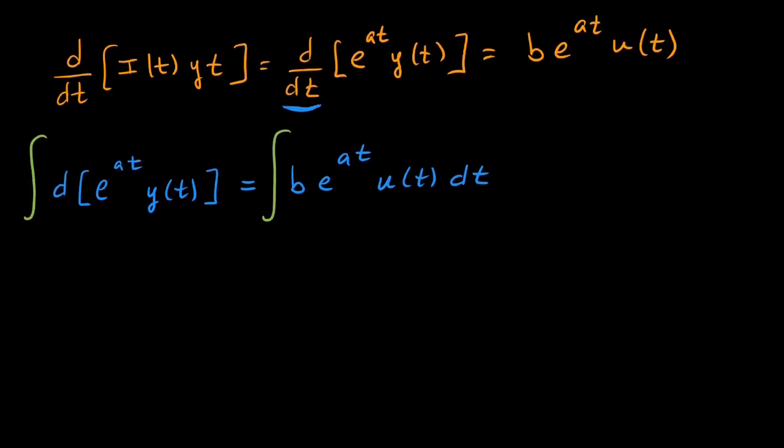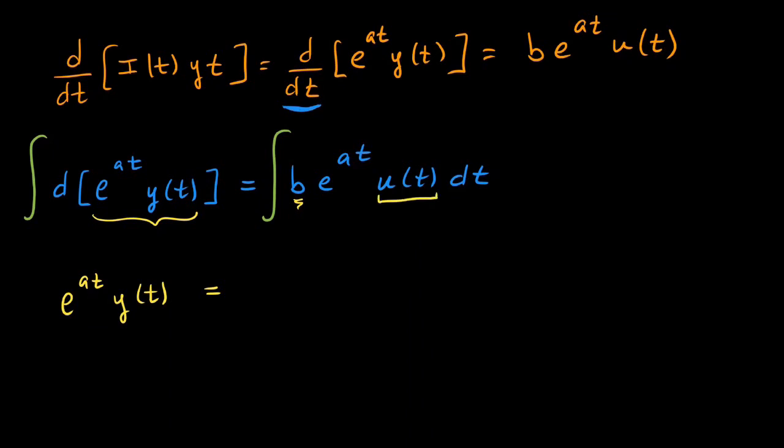If I do these integrations, then I'm just integrating a differential of this expression. So on the left-hand side, I'm going to get e to the at times y of t. And that's going to equal, well, over here, b is a constant, so I can pull it out of the integral.